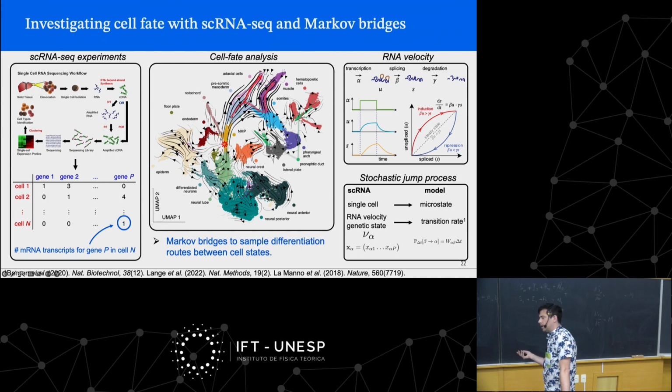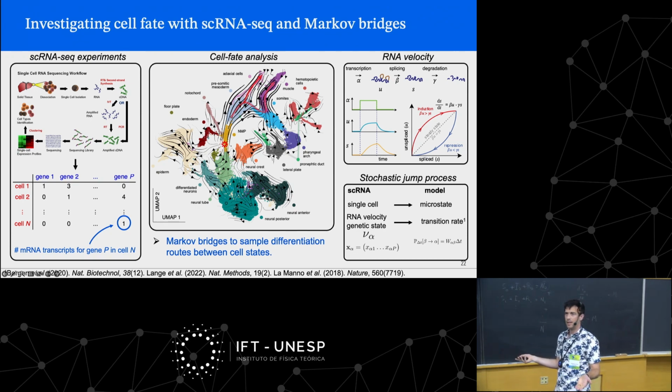Ideally, the best plot would probably be a p-dimensional plot, where each axis would be a given gene, and then the proximity in that space would tell you that the cells have a very similar genetic expression profile, at least the same number of transcripts.